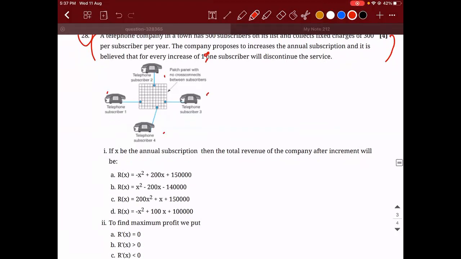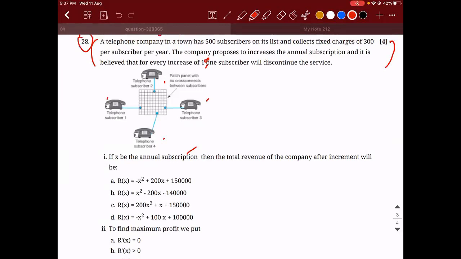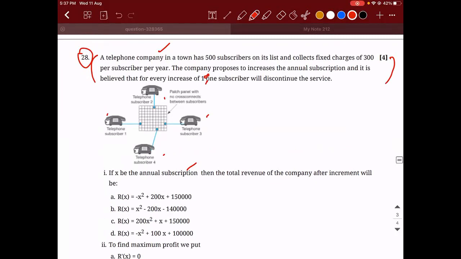If X is the annual subscription, the total revenue of the company after the increment will be how much? I think for every increase of 100, if X is the annual subscription, then the total revenue of the company after increment will be... So a telephone company in a town has 500 subscribers and collects this much value per year.